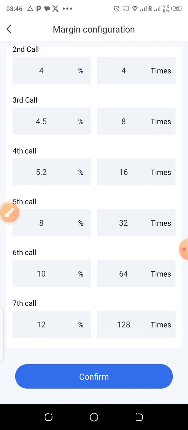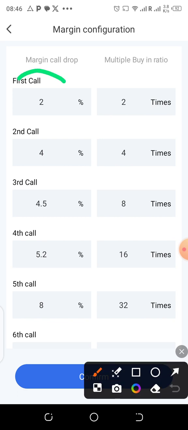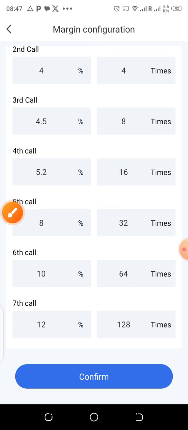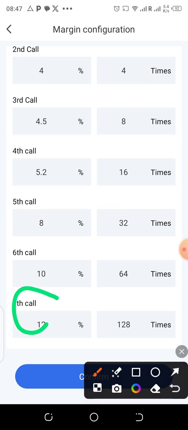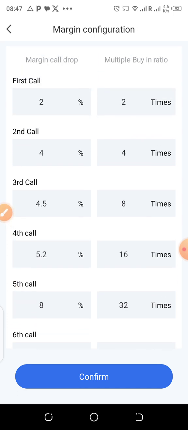How many times do you want the robot to go in the market? There are 7 times. This is 1, 2, 3, up to 7 times. So that is what you're going to find in the margin configuration.